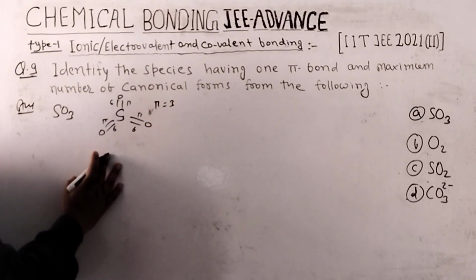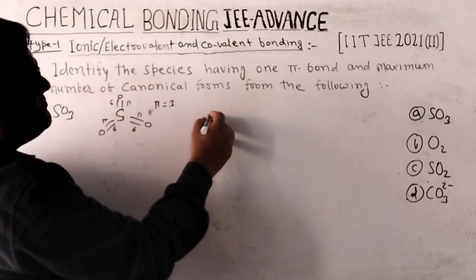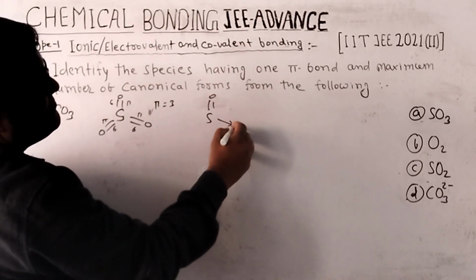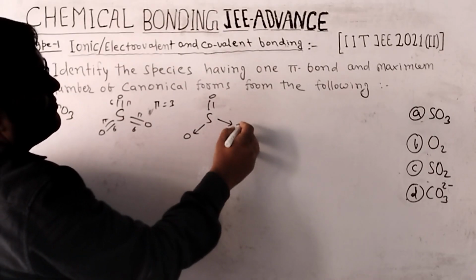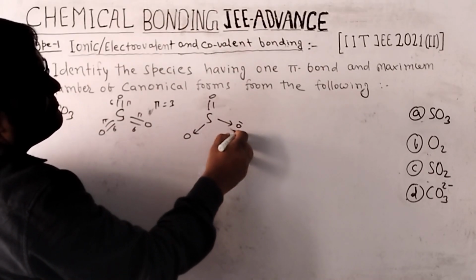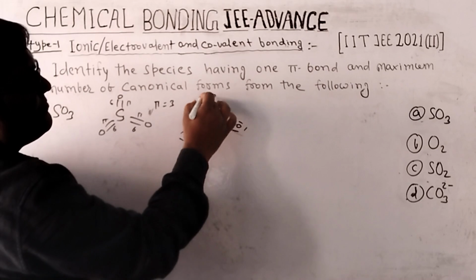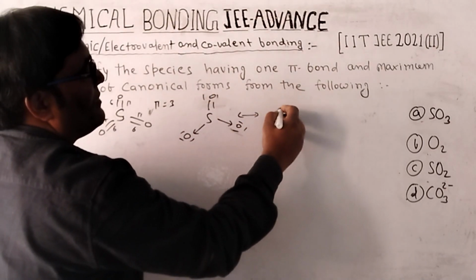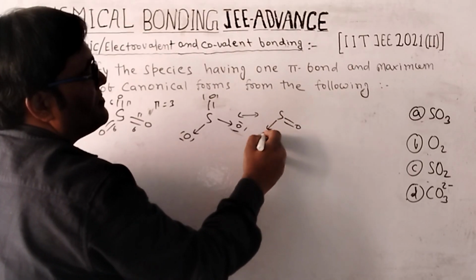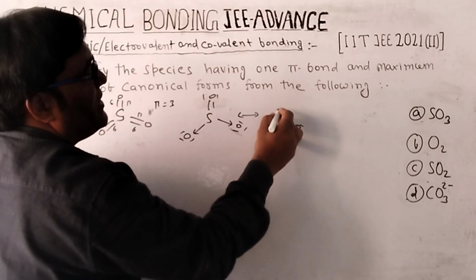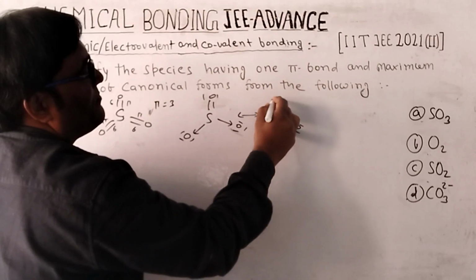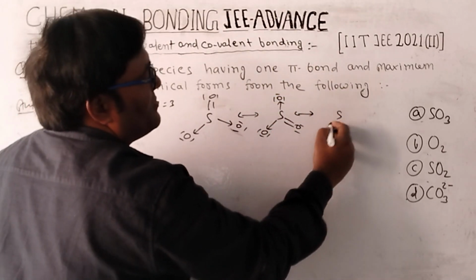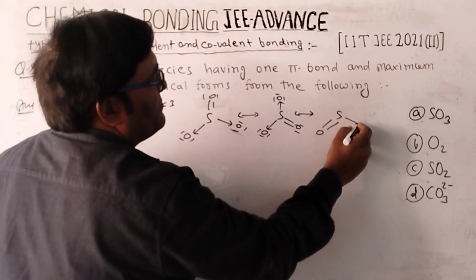And in case of canonical forms, from the Lewis dot structure of SO3 we can observe this is the first structure, this is the second structure, and this is the third structure of SO3.